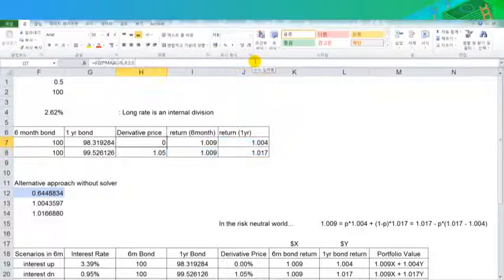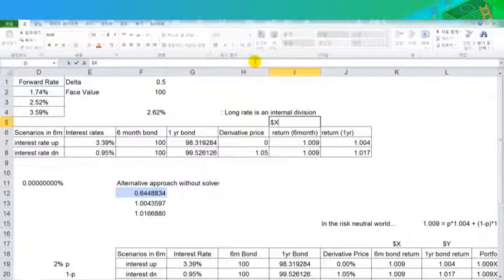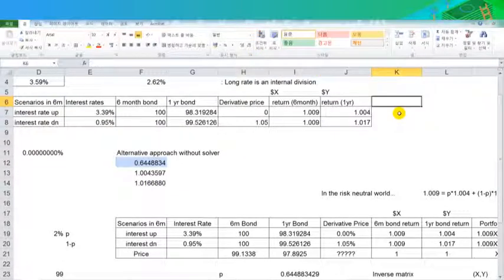Now, suppose you invest X dollars over here. You invest X dollars in the 6 months bond, and you invest Y dollars in the 1 year bond, then you will have a portfolio.